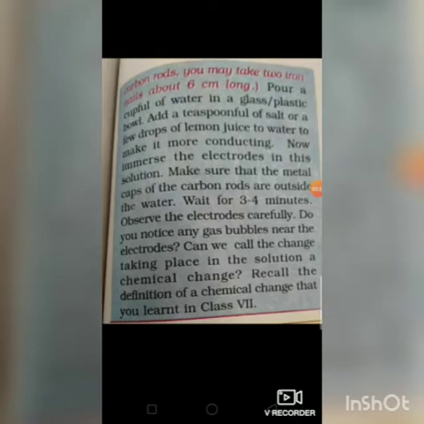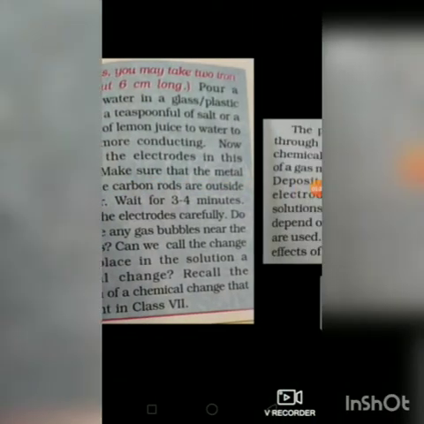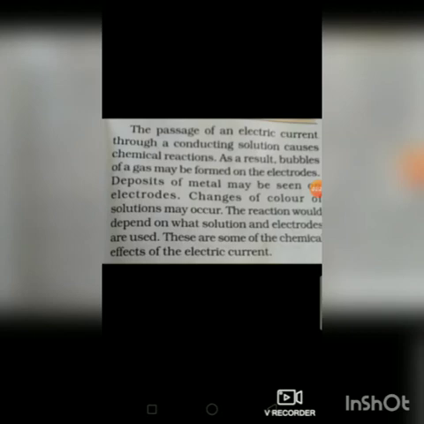So recall the definition of chemical change that you have learnt in standard 6. Can you see in the diagram the two carbon rods, the metal cap and the water, that is the solution, to which we had added lemon juice. The passage of an electric current through a conducting solution causes chemical reactions and, as a result, bubbles of gas may be formed on the electrodes. Deposits of metal may be seen on electrodes.